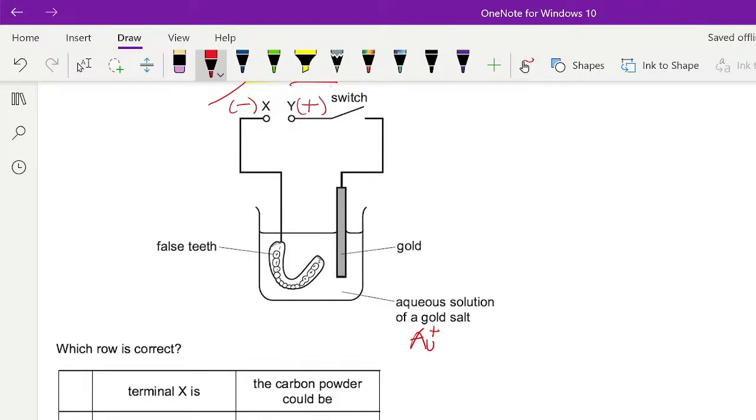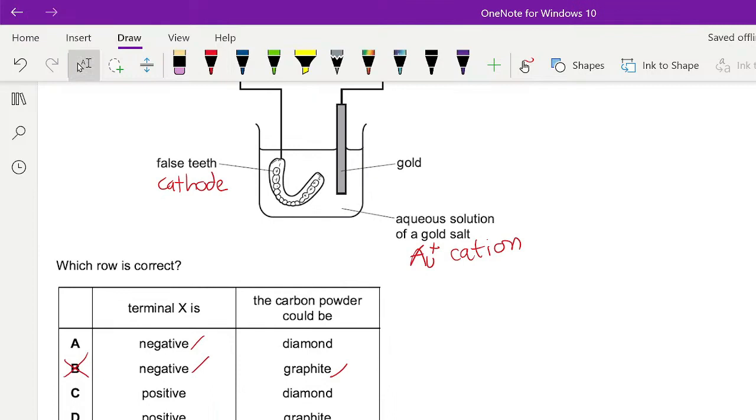We call a positive ion a cation, so we make the teeth our cathode. Cathodes are electrodes that attract cation. It's negatively charged. So terminal X is negative, and the carbon powder could be graphite because you need it to conduct electricity.